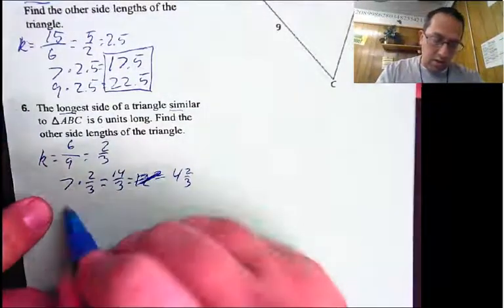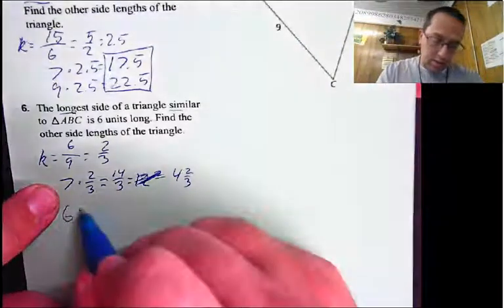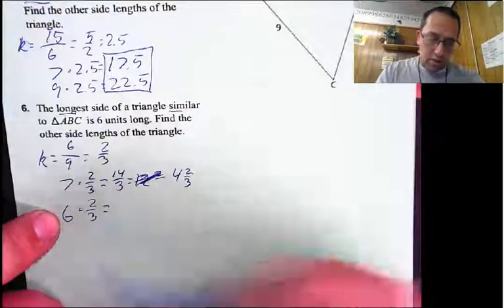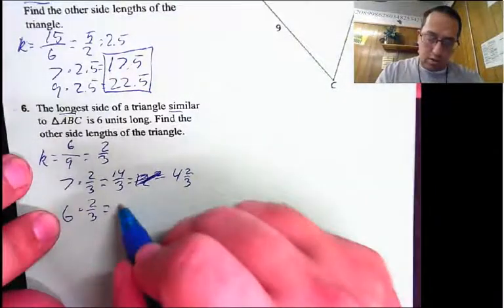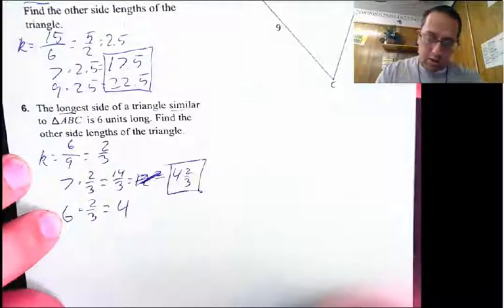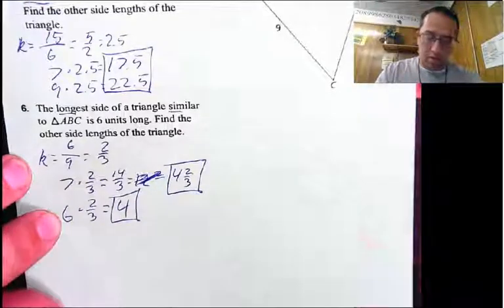And the other one, we got the 9, we got the 7, we need the 6. 6 times 2/3 is 12/3, or just 4. So one is going to be 4 and 2/3 units long, and the other one is going to be 4 units long.